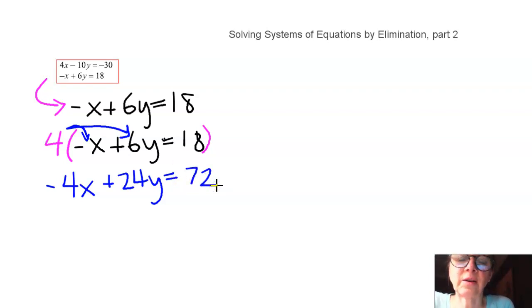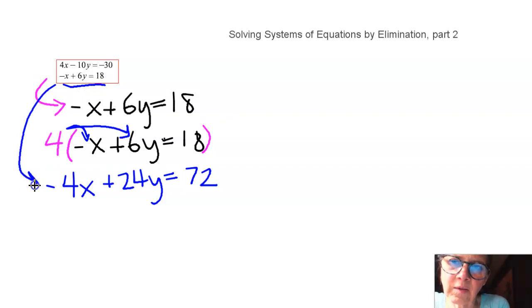Of course, you can do that on your calculator if you need to. So now we have our new equation. This bottom equation just became this equation right here. And because of that, now we can go to the original idea of what we did with solving systems of equations by elimination.